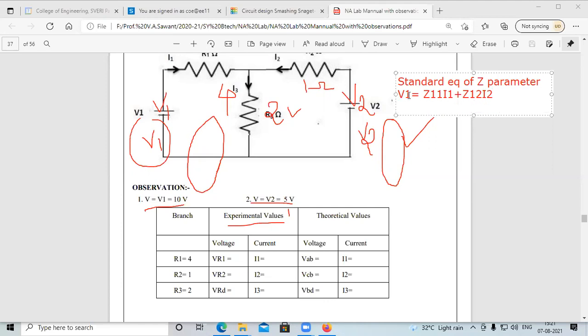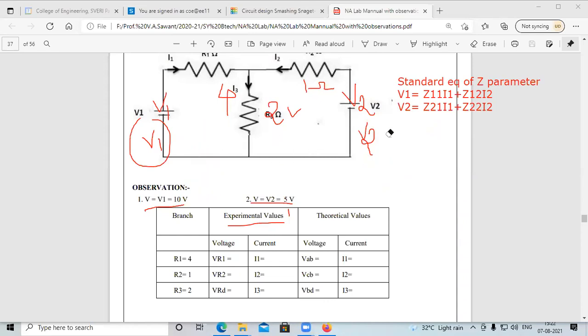The second standard equation is V2 is equal to Z21 into I1 plus Z22 into I2. This can be obtained by applying KVL. So V1 is equal to Z11 I1 plus Z12 I2, and V2 is equal to Z21 I1 plus Z22 I2. We just apply KVL and find out these values.